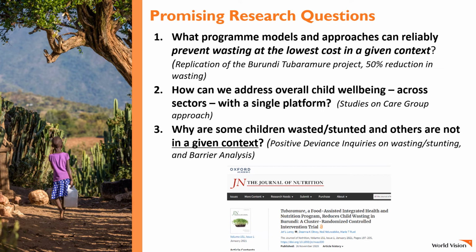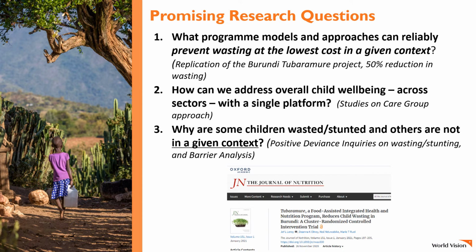In that World Health Assembly side event on treatment of acute wasting that I mentioned, we heard strong calls for research on integration of models and approaches from ministries of health, WHO, SUN, and other NGOs. In Africa now, according to the Global Nutrition Report, the average prevalence of wasting and stunting is 6% and 31%, which means that 94% and 69% of children are not wasted and not stunted.